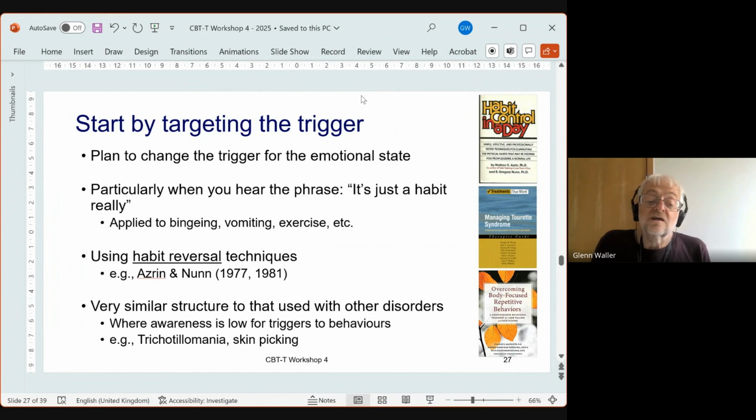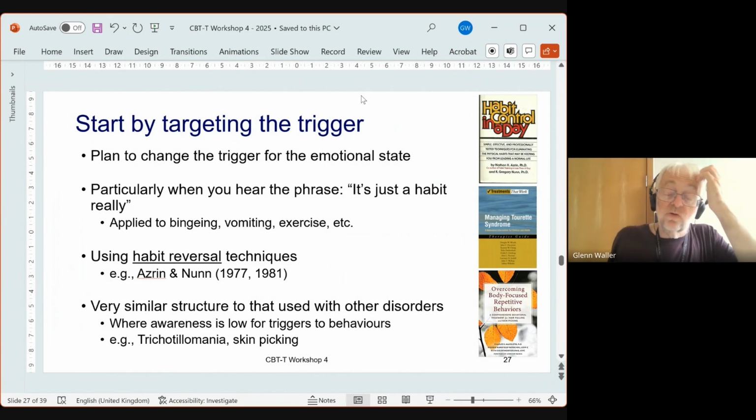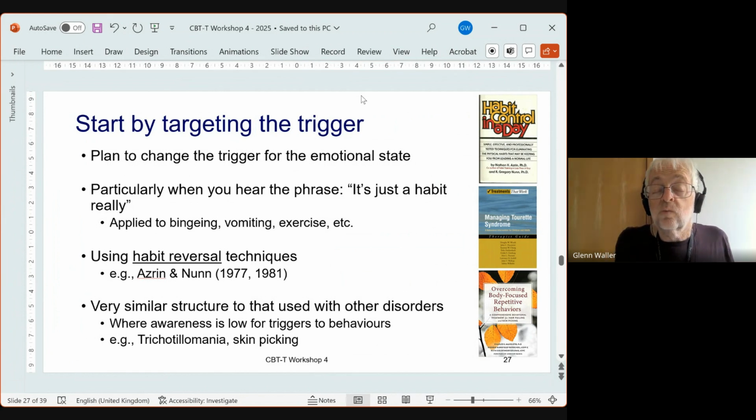Habit reversal is a technique that's used for behaviors which are, believe it or not, habit-based. So things like hair pulling, trichotillomania, skin picking, even things like stammering can be seen as habits which have been learned, but where we can't even find out what the learning is about.